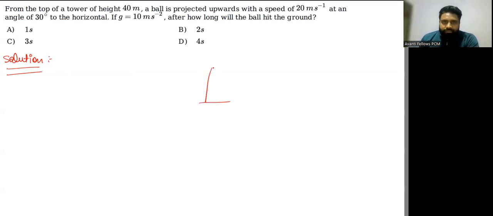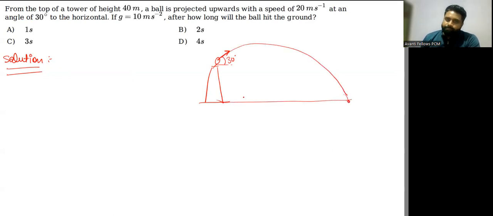Let's say this is the tower and the ball is shot from here at an angle of 30 degrees, and it will take this trajectory to reach the ground. So we have to calculate the time.